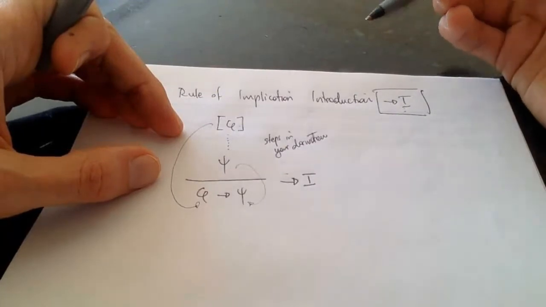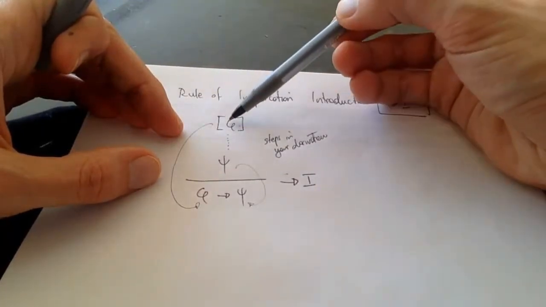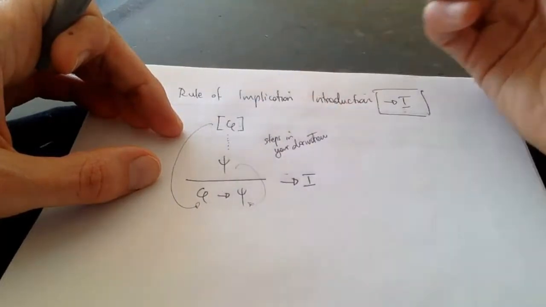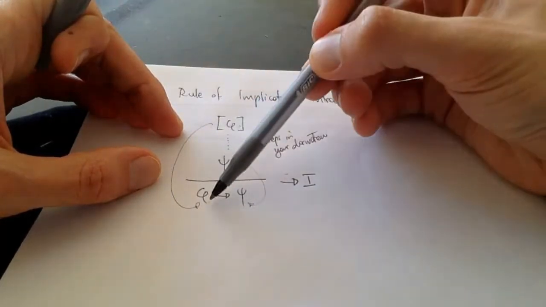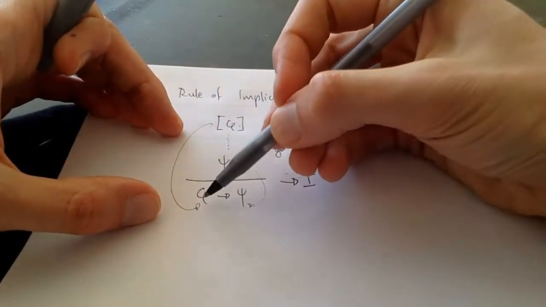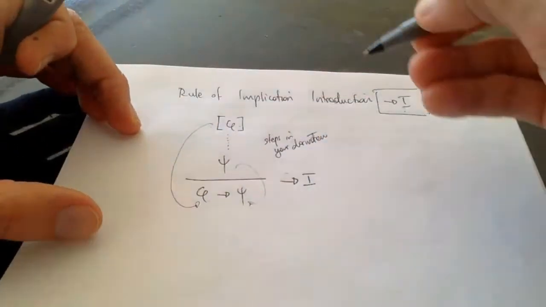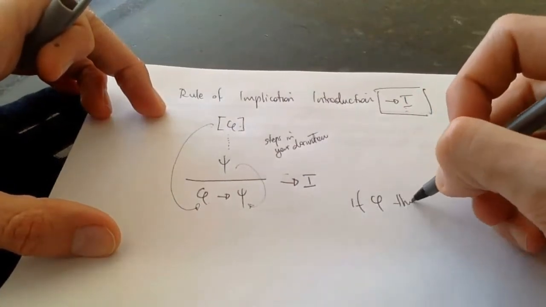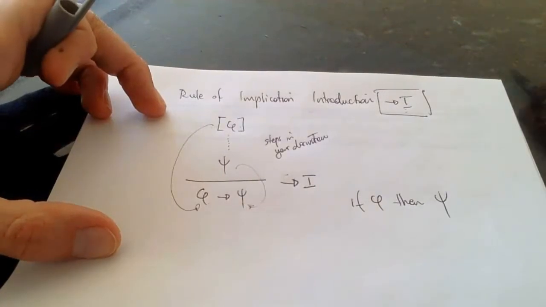The second thing to note is that since you have placed this assumption as the antecedent of your implication, you have incorporated your assumption here. And remember that this statement is an if-then statement: if phi, then psi.